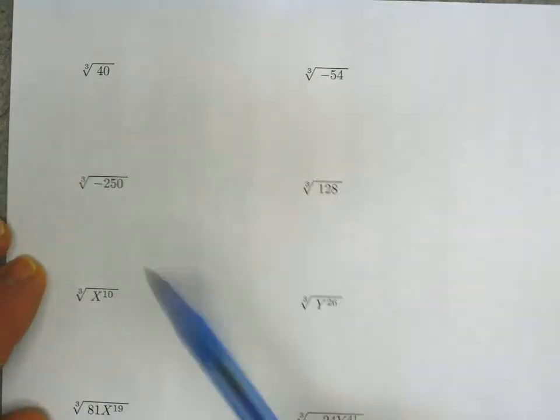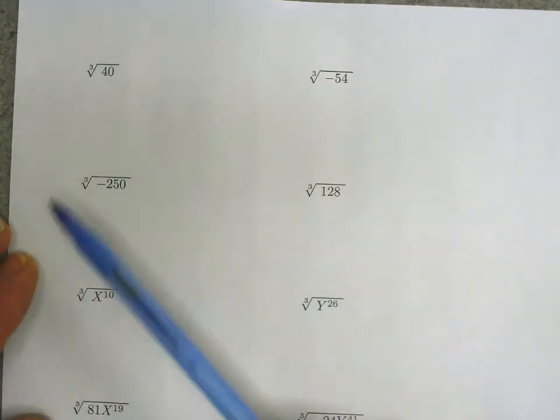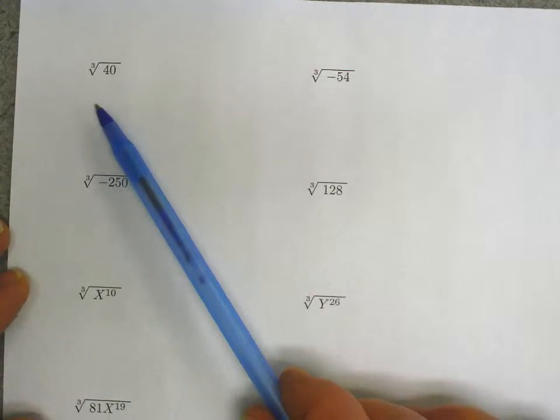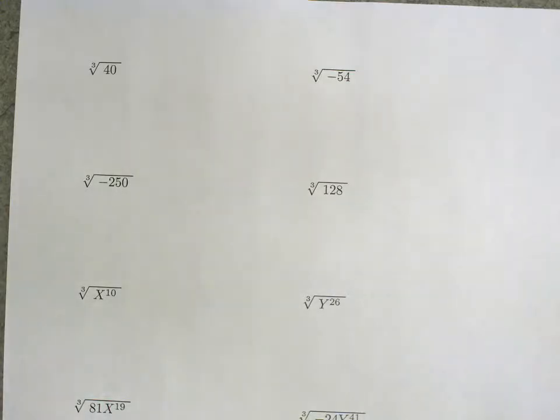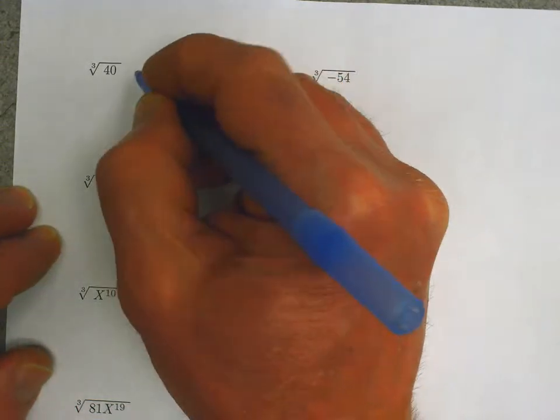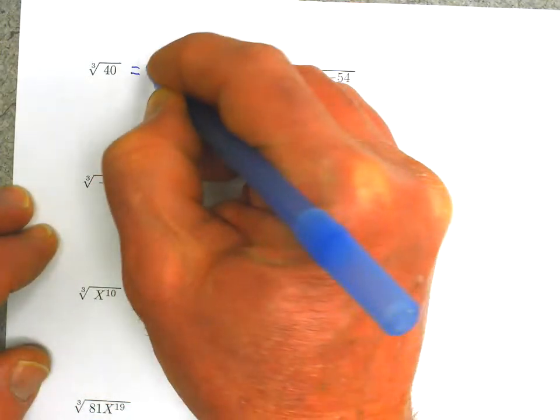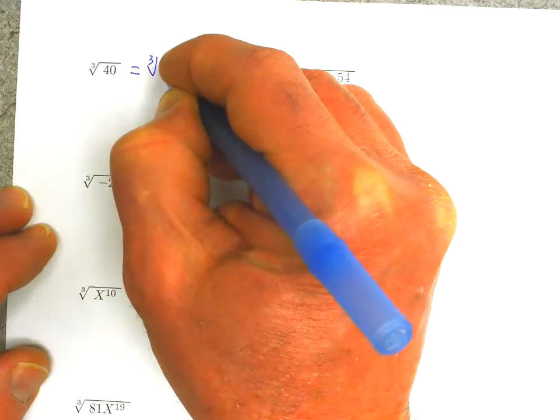Okay, the first example up here on the upper left, simplify the cubed root of 40. The largest factor of 40 that's a perfect cube is 8. 8 times 5 is 40. 8 is a perfect cube because 2 to the third power equals 8. So we'll rewrite the cube root of 40 as the cubed root of 8 times 5.